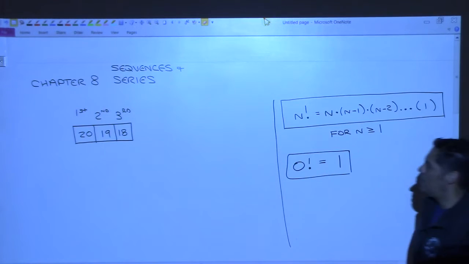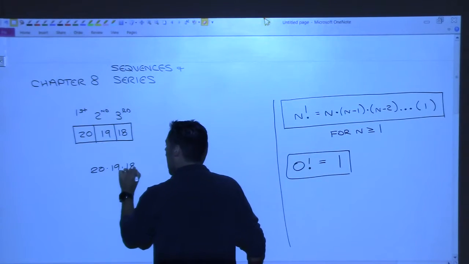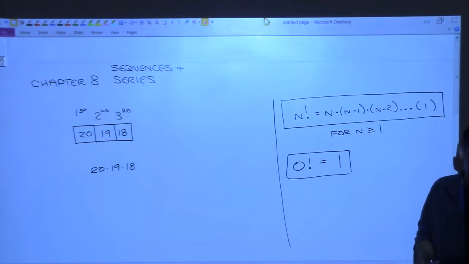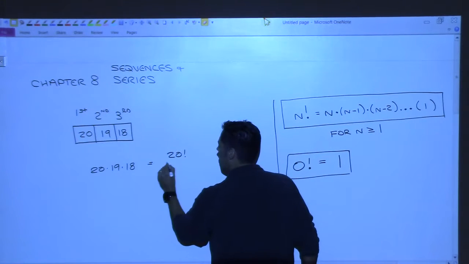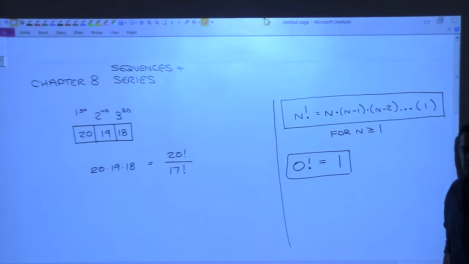What I'm telling you is that the number of ways that this could happen is 20 times 19 times 18, right? That's kind of like a factorial, isn't it? Kind of? Not really. Do you agree that this is 20 factorial over 17 factorial? Now, why?